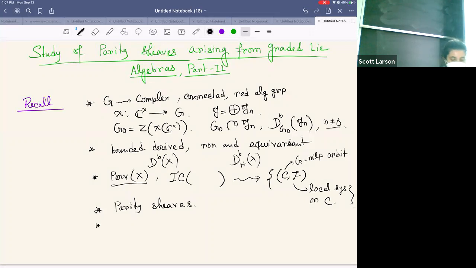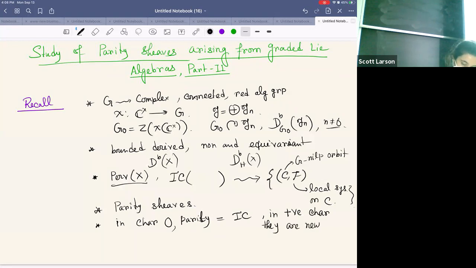I probably did not mention in my previous talk that in characteristic 0, parity sheaves coincide with ICs. So the IC associated to a pair is the same as the parity sheaf associated to that same pair in characteristic 0, but in positive characteristic, they are new objects.